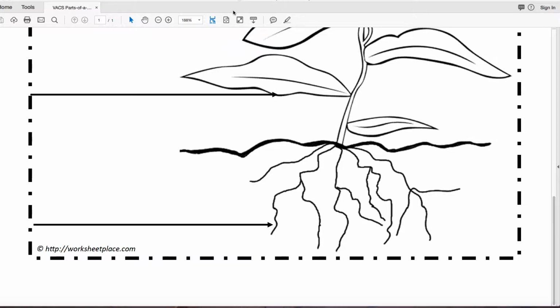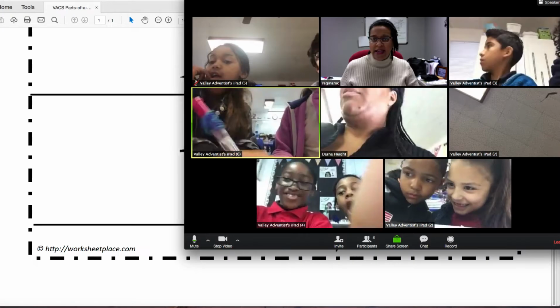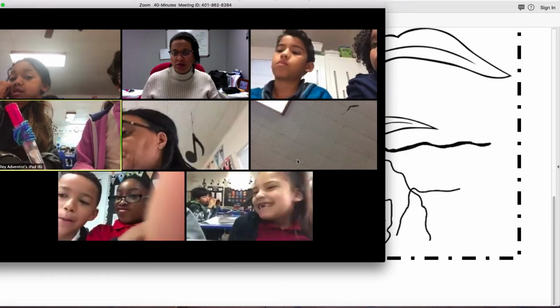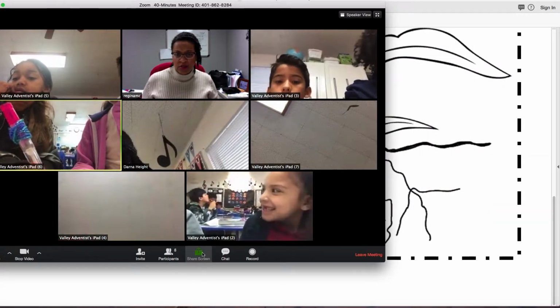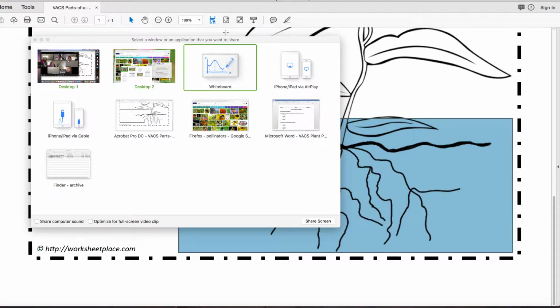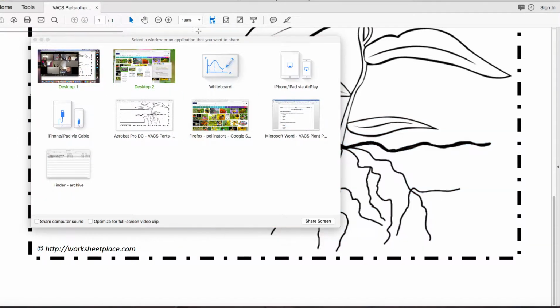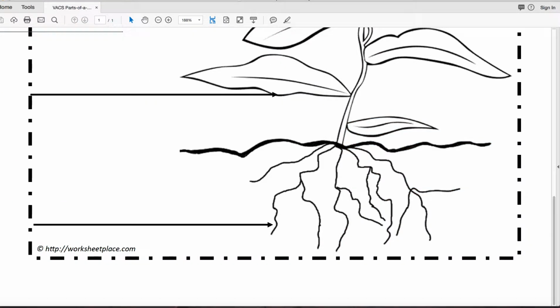Okay, sorry. What we're going to do is go through the handout. If you look at the bottom part of the handout, let me share my screen. Okay, and here we are at the bottom.